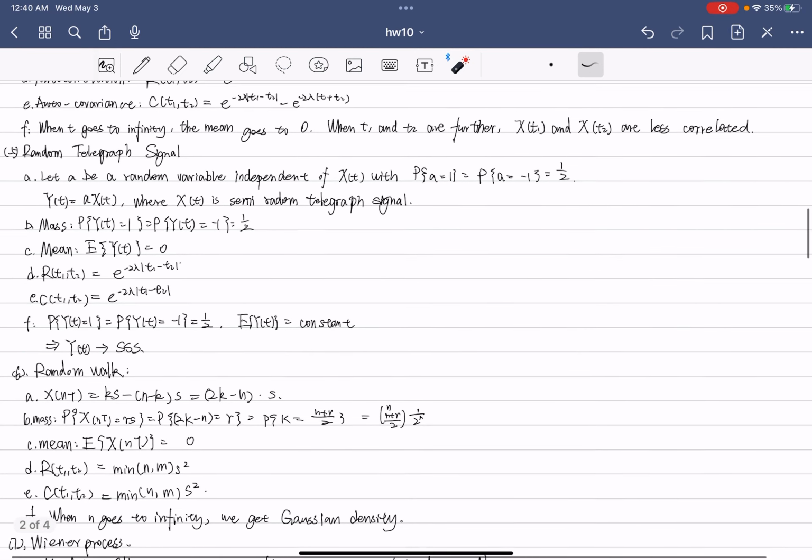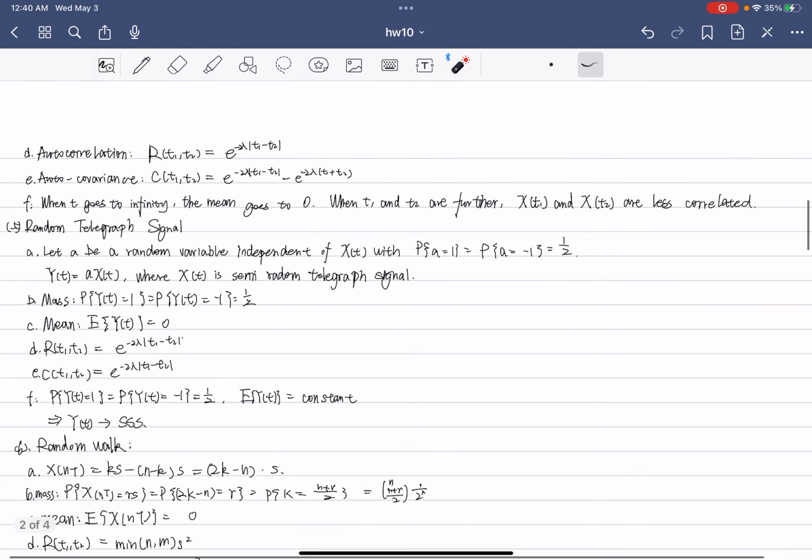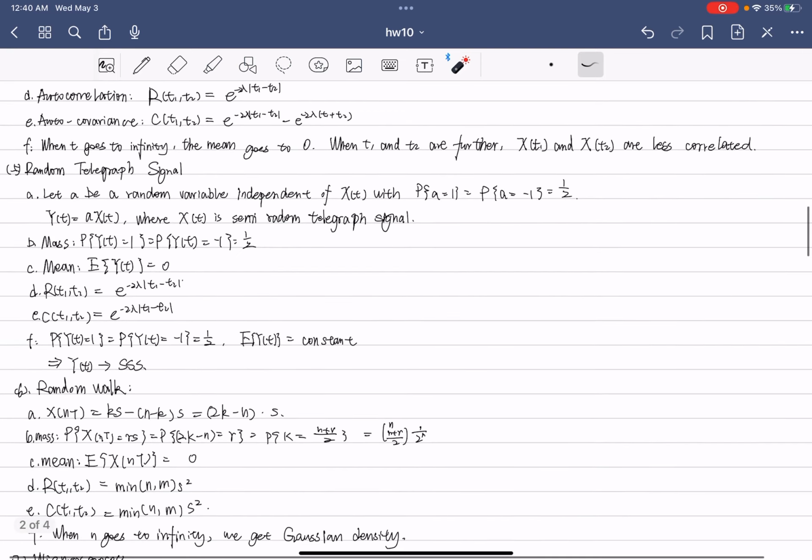The mean equals 0, and the autocorrelation equals e to the power of -2 lambda times the absolute value of t1 minus t2, and the autocovariance equals the autocorrelation, because the mean equals 0.